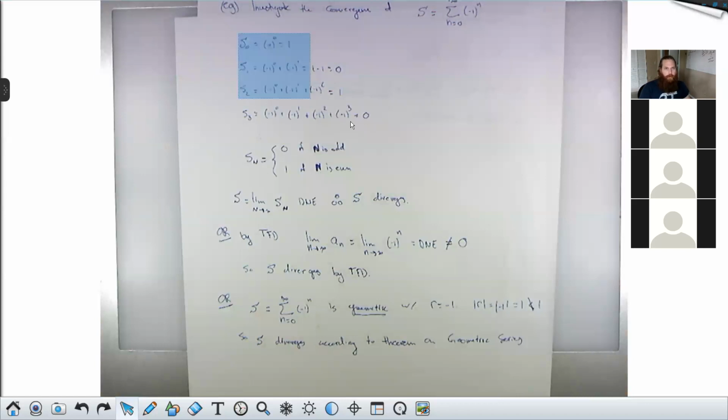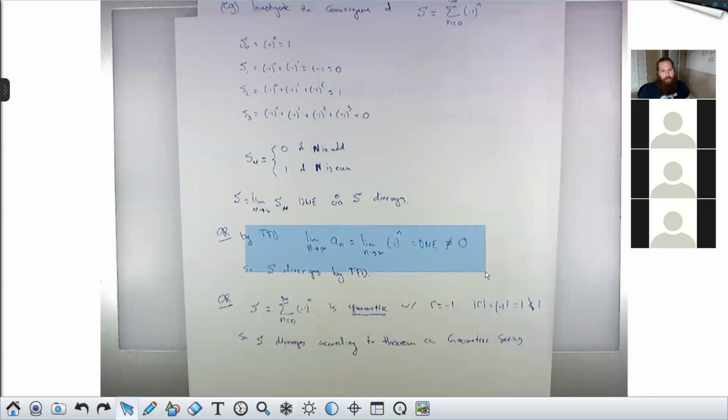So if you attack directly with the partial sums, you're actually able to get a nice formula for the nth partial sum. It's this sequence that just goes 0, 1, 0, 1, 0, 1, and so on. So that is not a convergent sequence. Therefore, that is not a convergent series, because the sequence of partial sums has no limit.